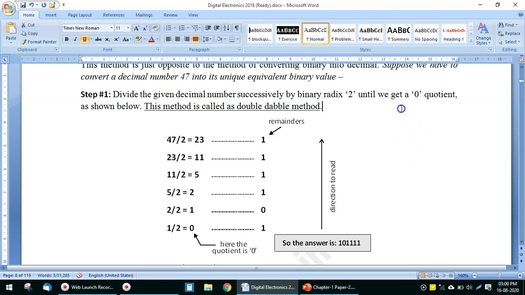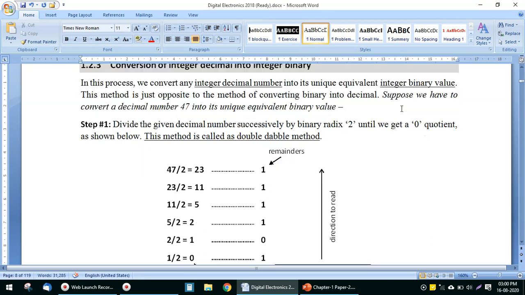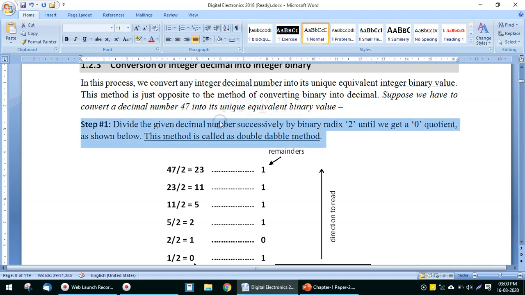Suppose we are given a decimal number, say 47, and we want to convert it into its unique equivalent binary value. Then the first step is simply to divide the given decimal number successively by the binary radix 2.